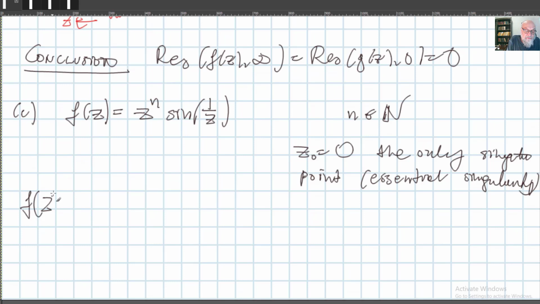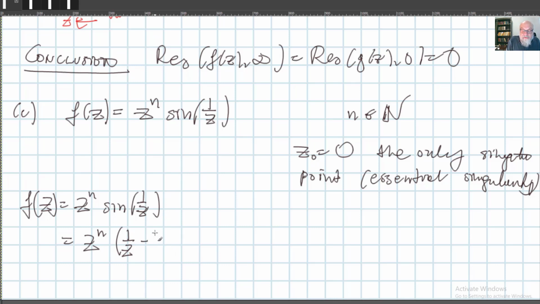So let me write it down. f of z is equal to z to the power n sine of 1 over z. Now we can expand it. We get z to the power n, and then this starts with 1 over z.